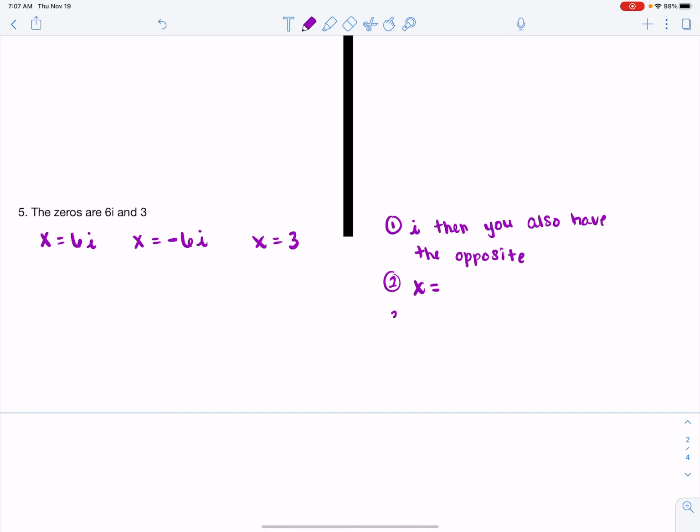So now move everything to the left so that you'll have equals 0. So minus 6i, whoops, sorry.